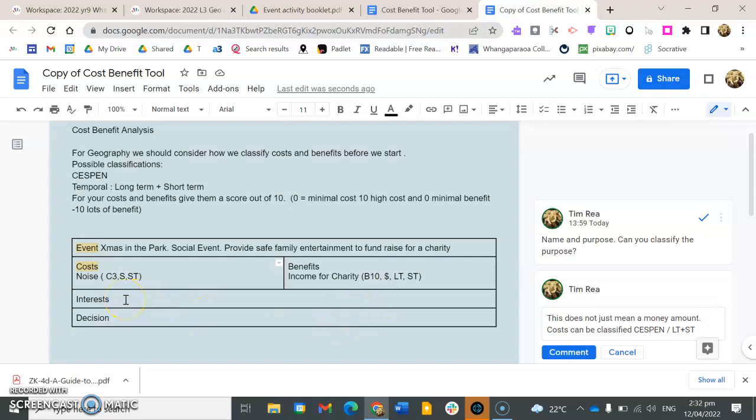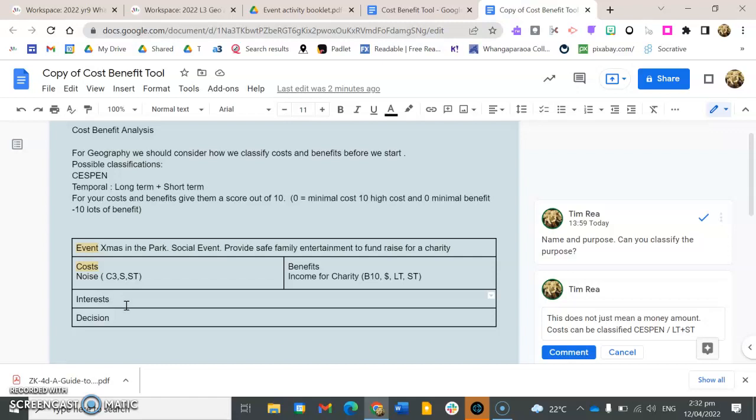The interests is where you actually look at the things and say, is it more important that the social interests outweigh the economic costs, or all the benefits outweigh the costs? That's just what goes in the interest bit, or anything that you can think of that doesn't fit in the above.